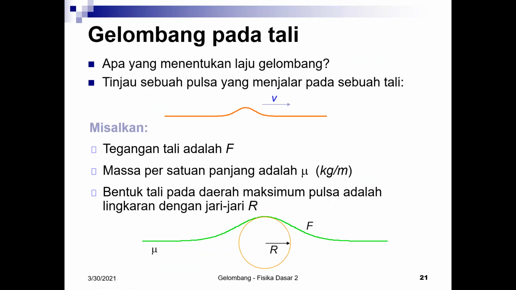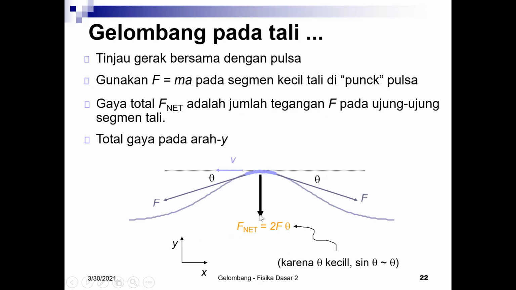I replace tau by F in this case. We just consider this line element to be infinitesimal. Because it is infinitesimal, for small angle theta, sin theta is around theta.